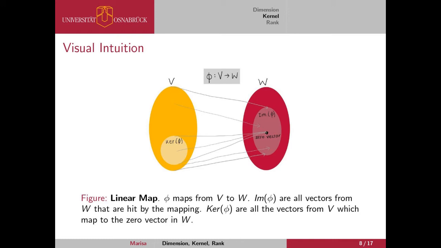And the kernel of phi are all the vectors from the vector space V which hit the 0 vector in W. And the 0 vector is also part of the image of phi because it can be hit by vectors.